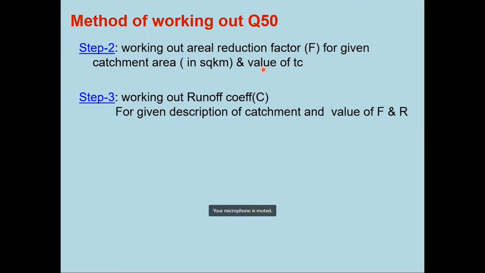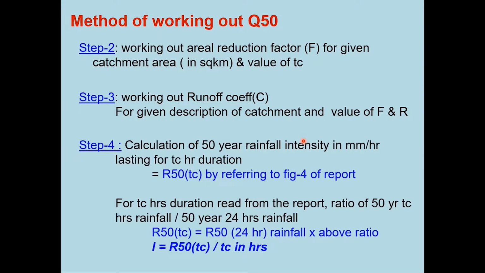F depends on the value of TC and the catchment area. Then I have to find out the runoff coefficient depending on F, R and X values. Thereafter, C will depend on X, R and F.